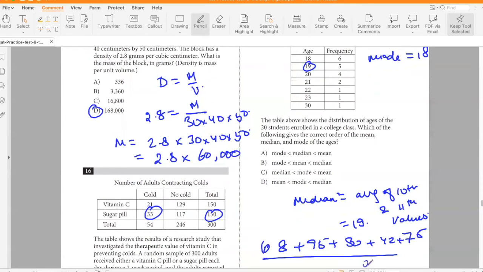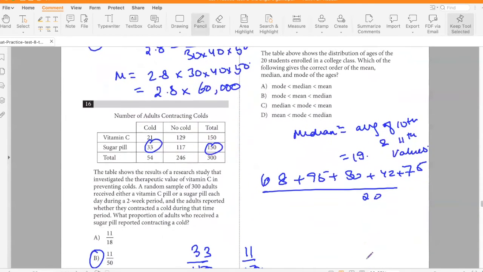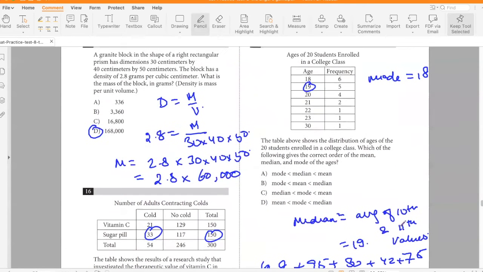That divided by 20. Yeah, so see the mean is about 20. So the mean is the greatest. So mode is less than median is less than mean.